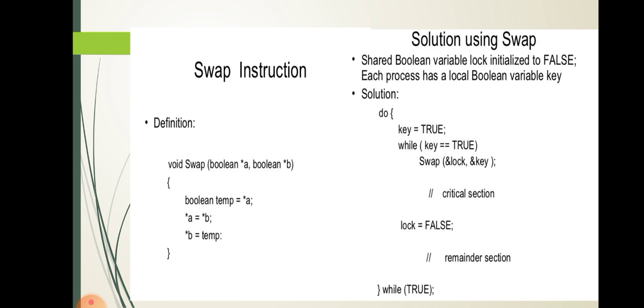Now the process enters the critical section. Once it executes the critical section, it again sets the lock value as false, and the remainder section is executed. So this is how the test and set and the swap functions work to solve the critical section problem.